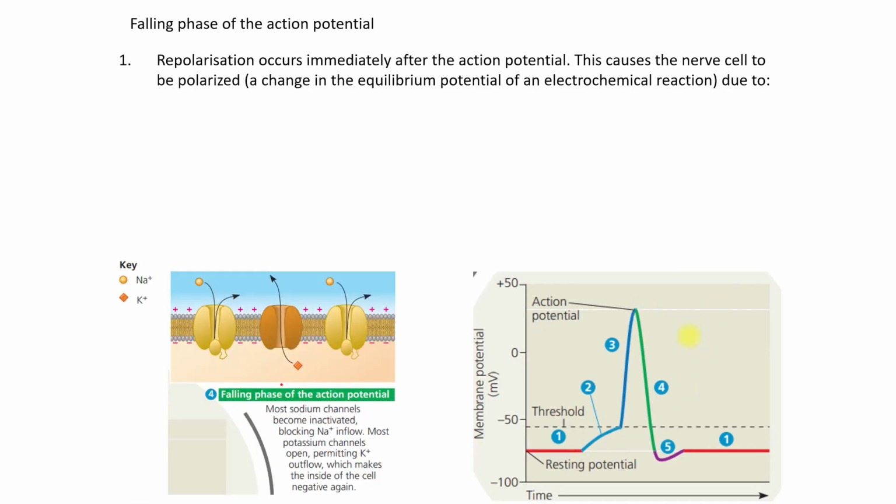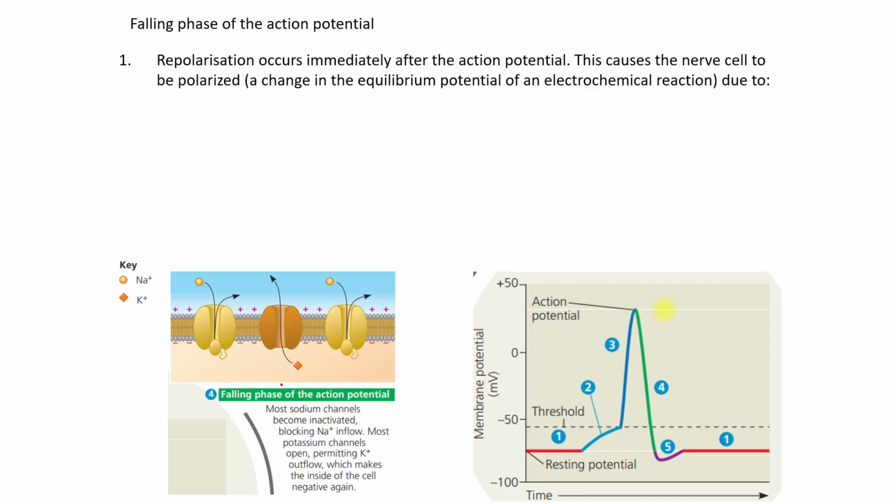Now, the fourth stage is the falling phase of the action potential. Repolarization occurs immediately after the action potential. This will cause the axon or plasma membrane of the axon to be polarized.